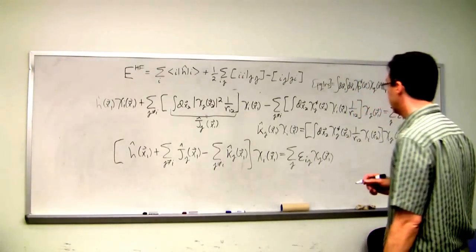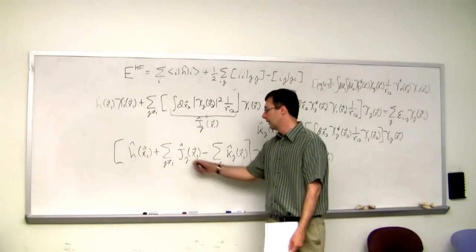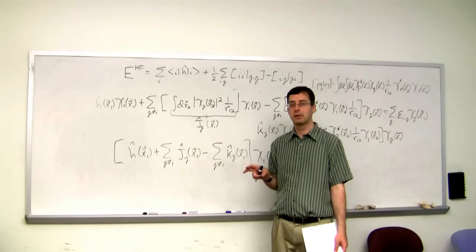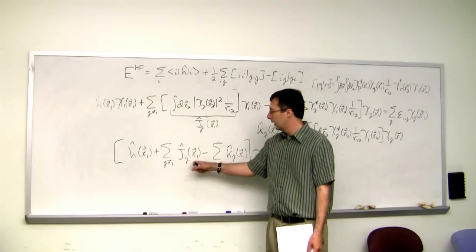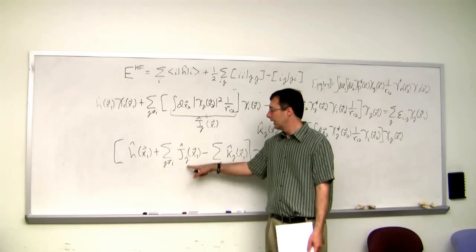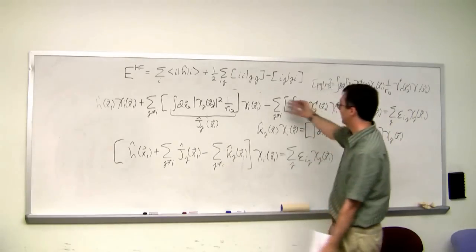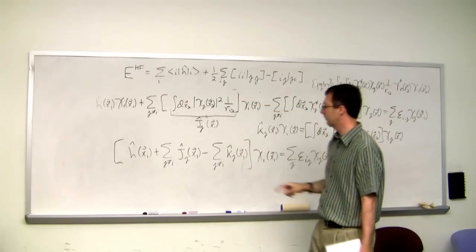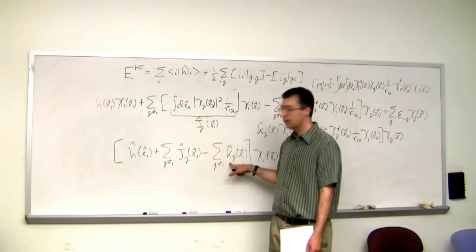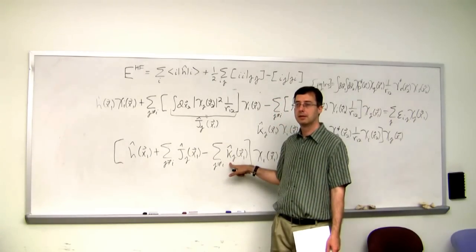Now, I can make two simplifications to this. First off, for reasons that I mentioned earlier about the two-electron integrals, suppose I did have i equals j. It turns out for the case i equals j, you can go back here and convince yourself that J_i equals K_i. They're the same if they have the same orbital.